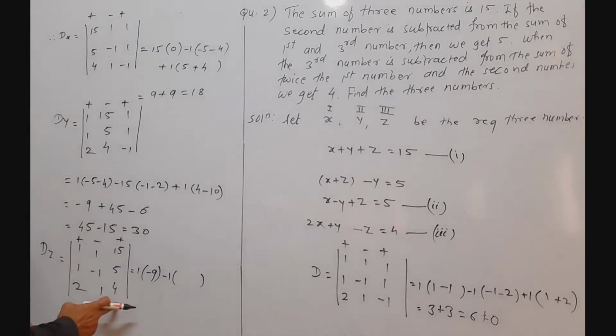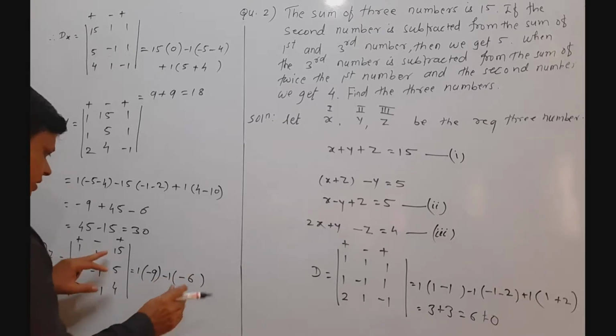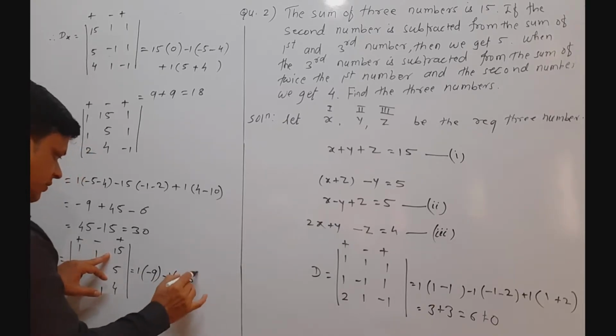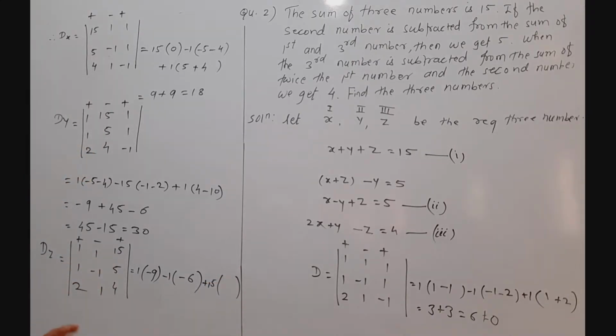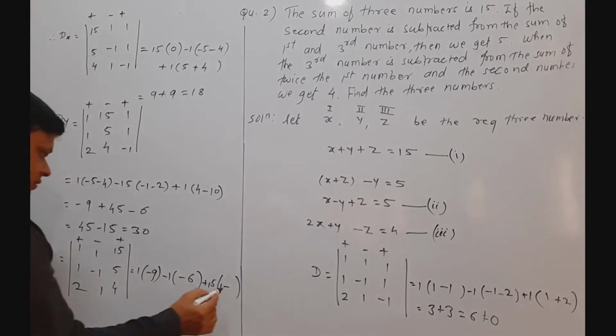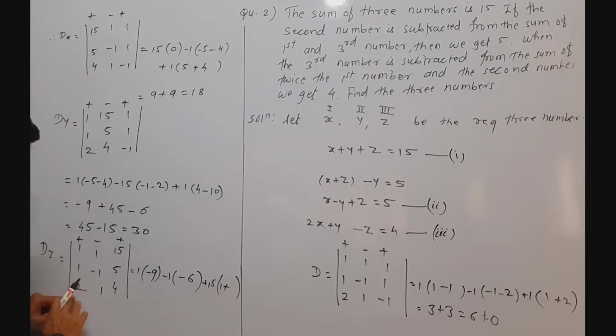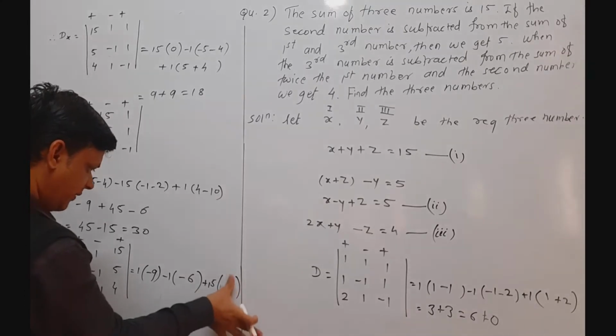So 1 into 4 is 4, 4 minus 2 into 5 is 10, so 4 minus 10 which we get minus 6. Then we write here plus 15, plus 15 in bracket. So here we skip third column, first row, 1 into 1 is 1, 1 minus this minus sign, so minus minus gets plus. So 1 plus 2 we get 3, so directly write here 3.